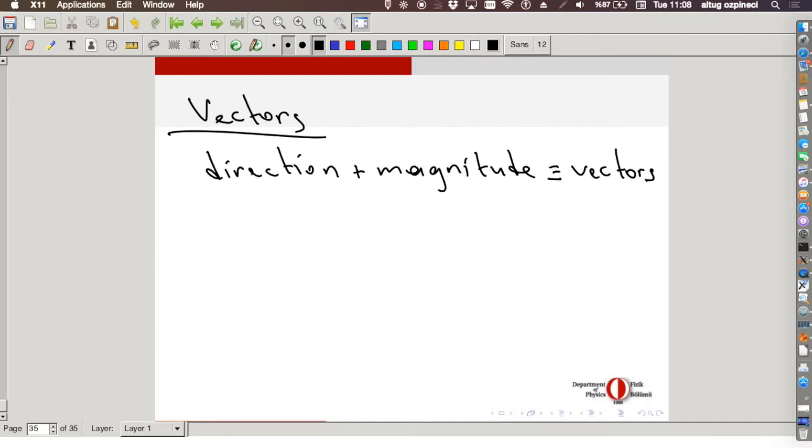If you want to discuss, for example, the velocity, which we will define, in that case the magnitude will be the speed. Or if you want to discuss the acceleration, it will be something in meters per second squared. But for all of these quantities, we will be defining vectors, and they will all have one direction and one magnitude.